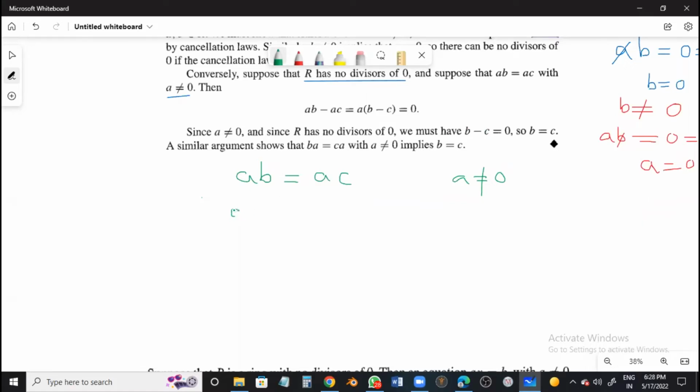Now I can just solve this as AB minus AC is equal to 0. I feel all of you agree with this. By distributive law, I can say A common inside B minus C. The reason will be by distributivity.